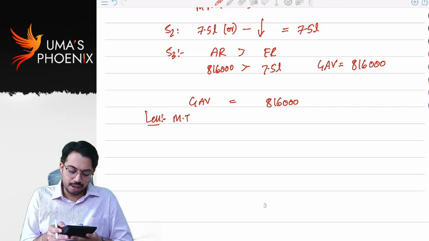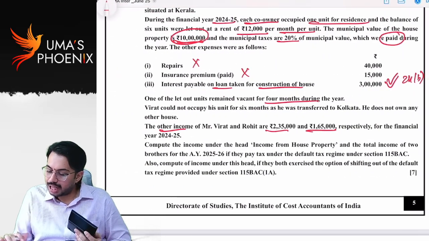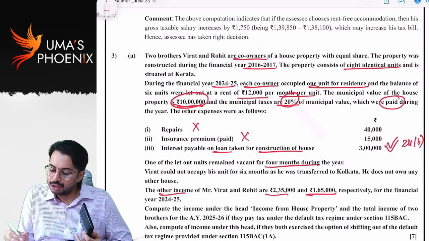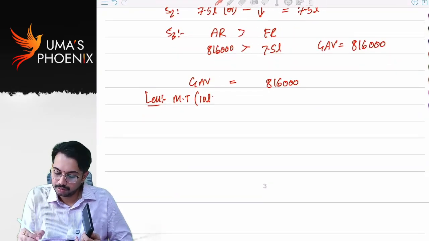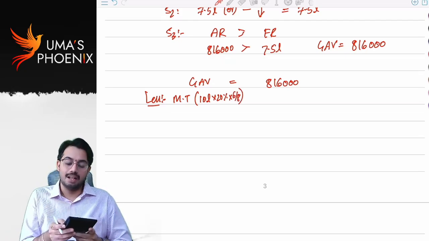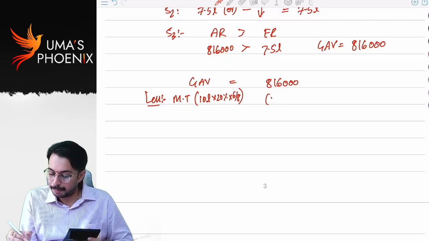Municipal value 10 lakhs, right? 10 lakhs into 20% into 6 by 8. Why 6 by 8? Because only 6 units are let out. So 2 lakh into 6 by 8, it will be 1.5 lakh.